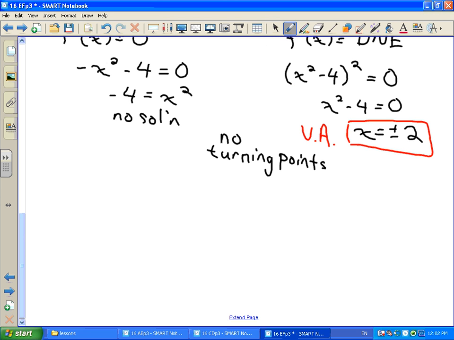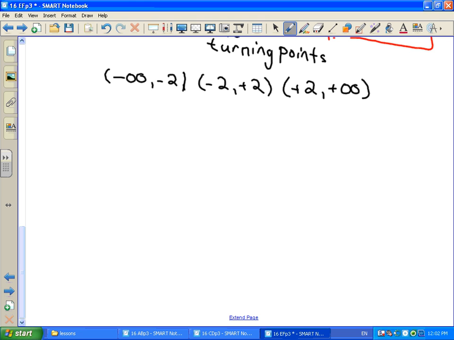So let's set up our interval table. Our intervals are just going to be negative infinity to negative 2, negative 2 to positive 2, and positive 2 to positive infinity. We want to check the sign of our first derivative.